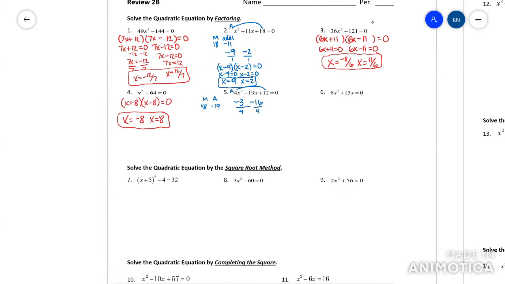You have to reduce this one on the right. Turns into negative 4 over 1. Now you can write your two sets of parentheses. Bottom number, x top. Bottom number, x top. Set both of those equal to 0, and solve to get your answers.